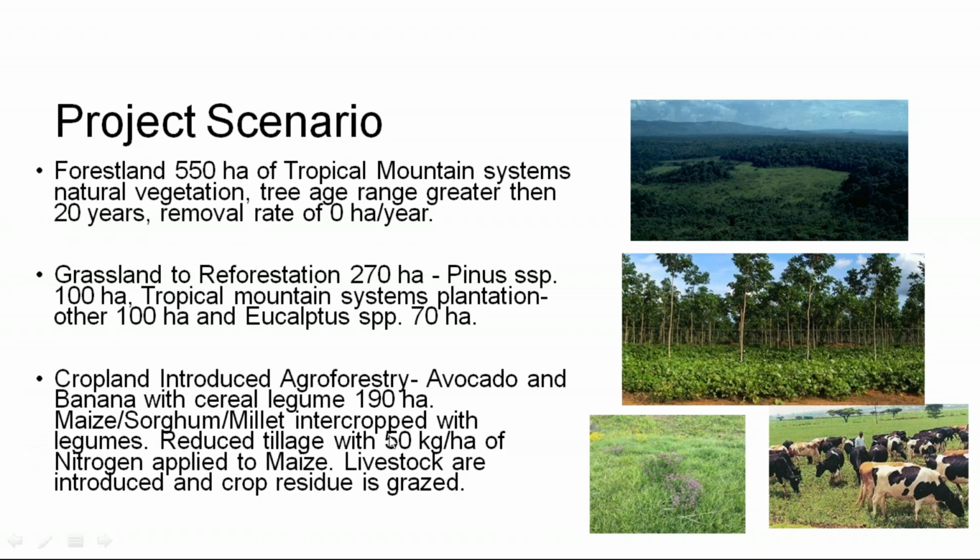And then we're going to add the agroforestry in exactly the same way as we did with the previous exercise. And then we're also going to add our livestock again, as we did with the previous exercise. So you can see it's a much more complicated situation. And what we're interested in is overall, with all of these activities, what will be the net impact of our project on overall greenhouse gas emissions.